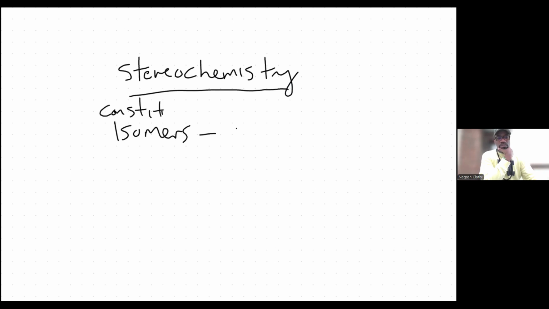Constitutional isomers: same molecular formula, different structural formula.